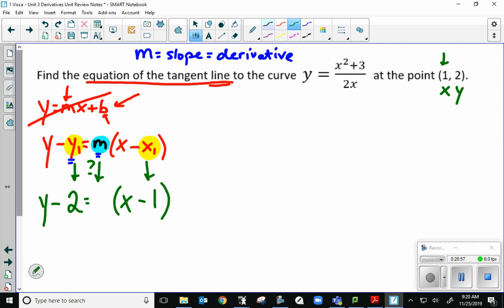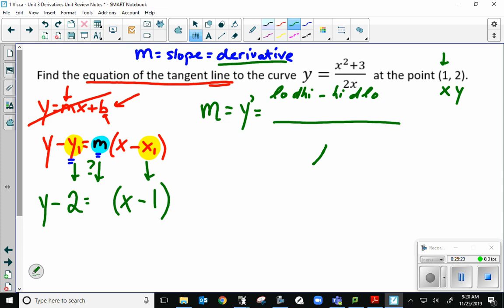Slope is the same thing as derivative. That means if I take the derivative of y, that would be the same thing as slope, wouldn't it? I'm going to have to use my quotient rule here. Low d high minus high d low, draw a line and square below. I'm leaving space here because I'm going to fill in my values.